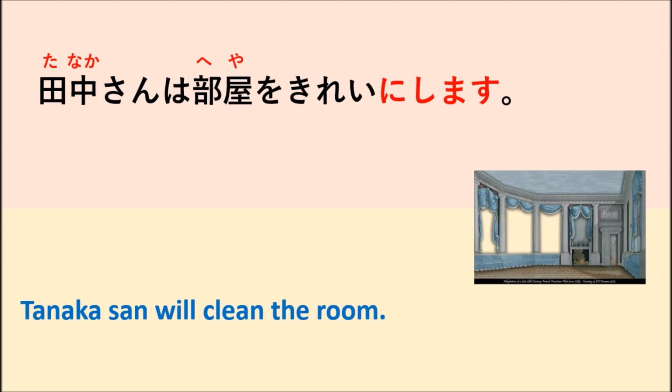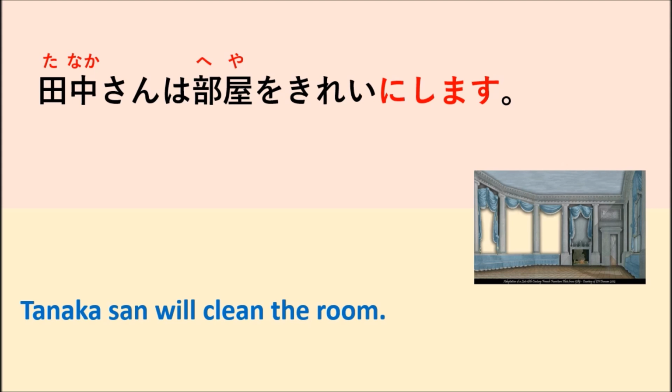Kirei means clean, to be clean, to be beautiful. Kirei is from the non-adjective, so when you use it with a non-adjective, you just put ni, not ku. So you can say kirei ni shimasu, which means you will clean the room, heya o kirei ni shimasu, and the room will not be dirty.